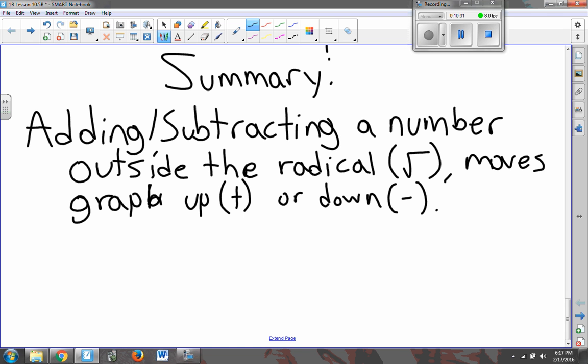Okay, adding or subtracting a number outside the radical moves the graph up if it's a plus, or down if it's a minus number. Okay?